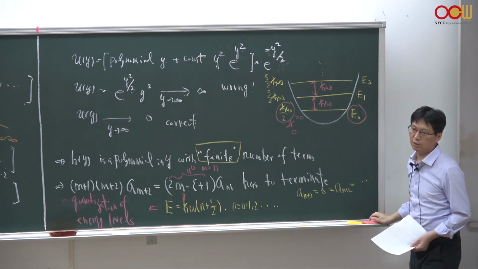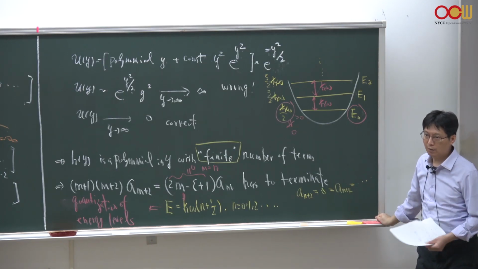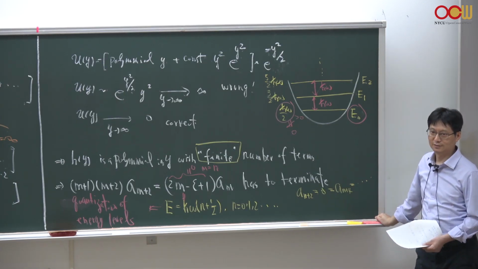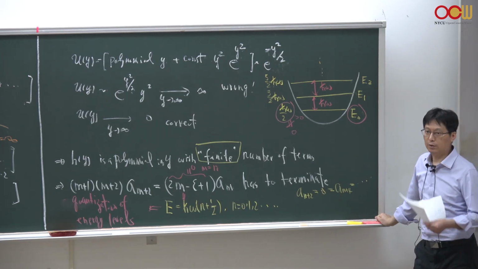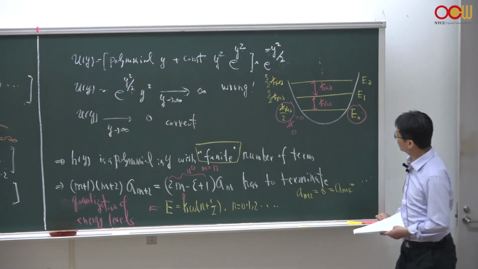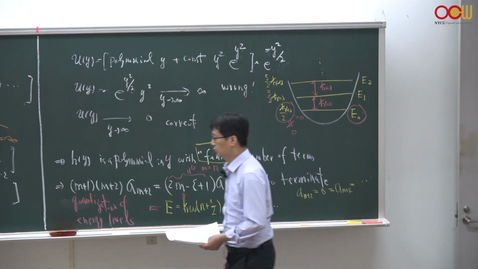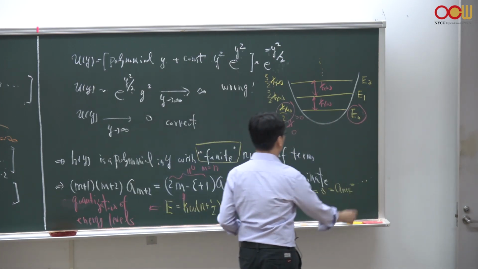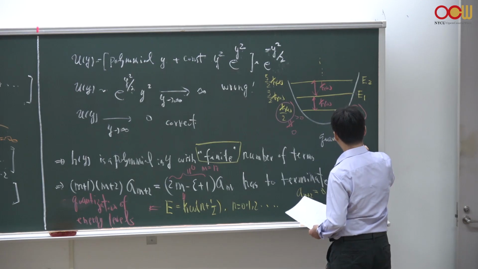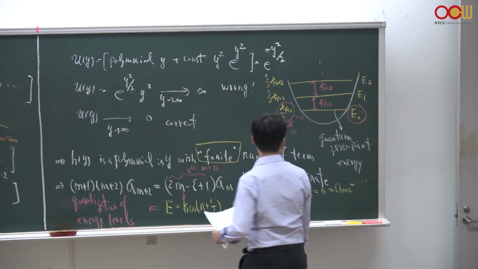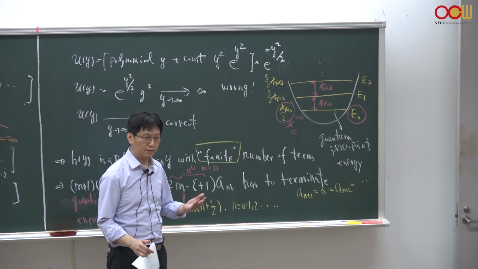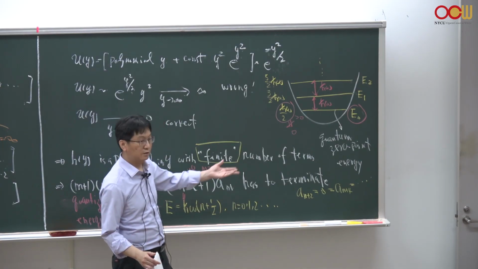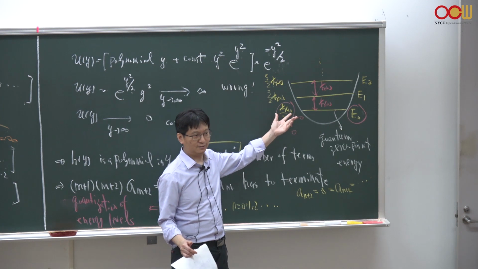So in other words, the ground state energy has a positive energy. The ground state is not a zero energy state, but a positive energy state. And such phenomenon is called quantum zero-point energy. And this is a very important concept, or quantum zero-point motion, saying that in many quantum mechanical problems, the ground state of the quantum system is not a zero energy state, it is a positive energy state.